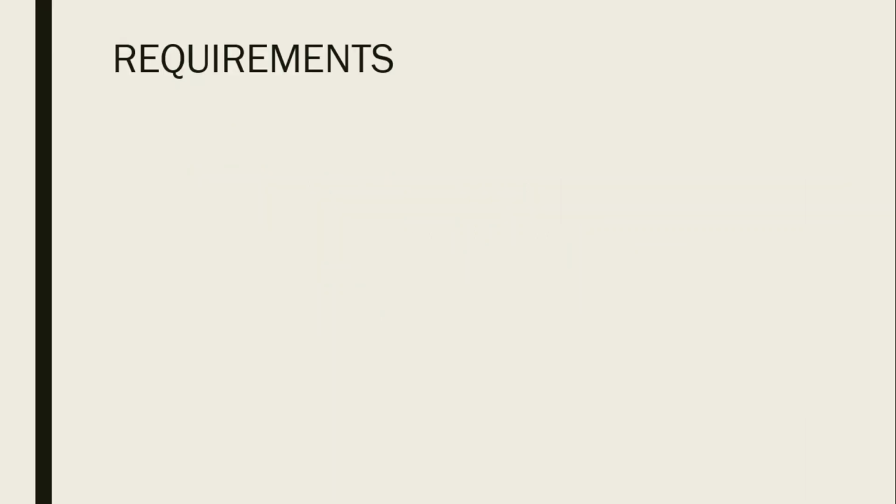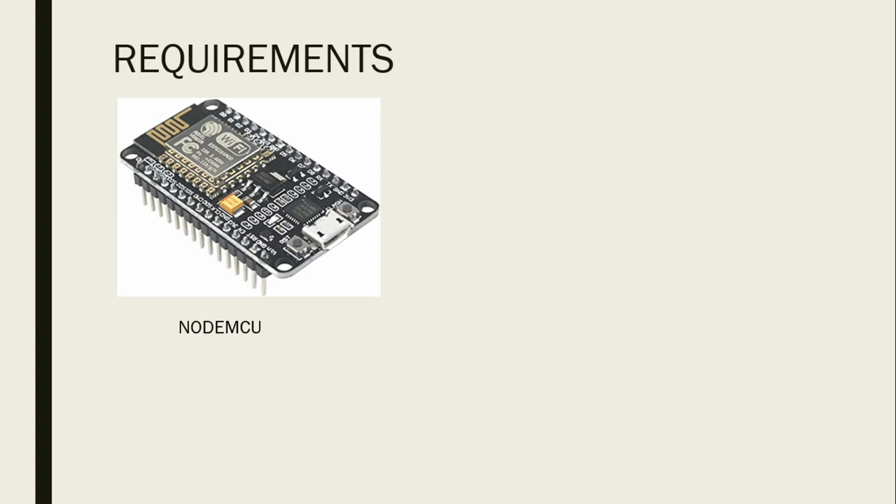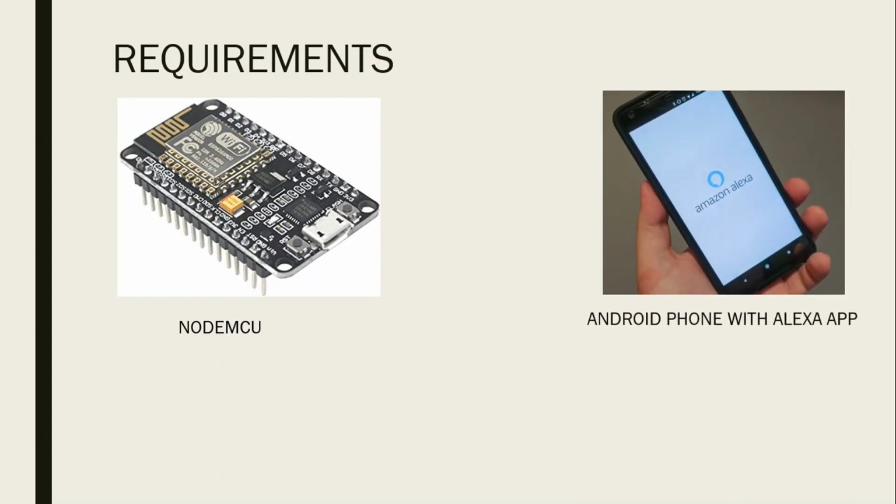So the requirements of this project is of course the basic understanding of electronics and the basic coding experience in C. So you need a Node MCU in hardware and Android phone with Alexa application.